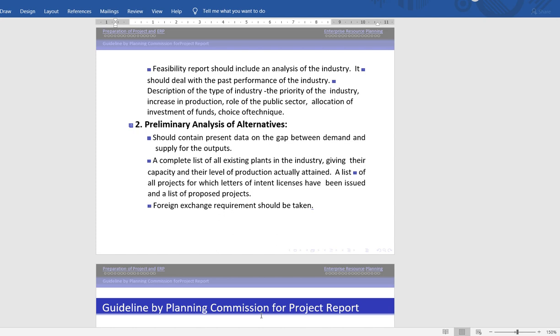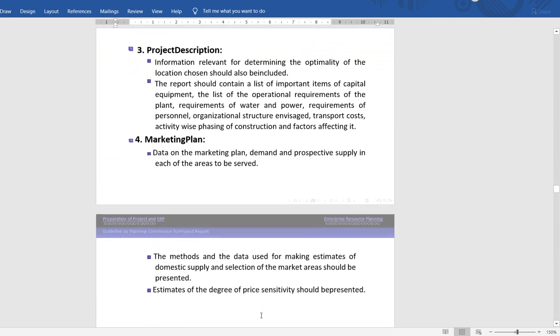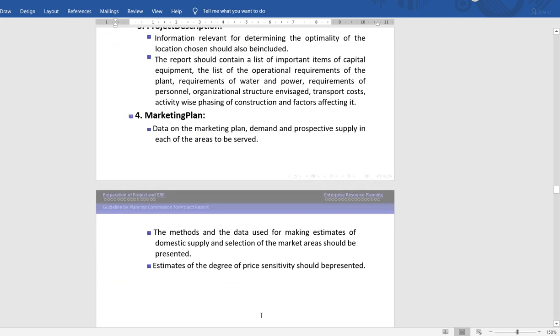The fourth point is the marketing plan. After project description, we go on to the marketing plan. A good marketing plan should contain data on demand and prospective supply in each of the areas to be served.